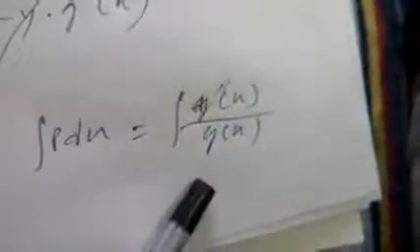Now in earlier classes you have learned that for the integration of g'(x) by g(x), when the numerator is the derivative of the denominator, the result comes as the logarithm. So the integral of P dx is equal to log of g(x).